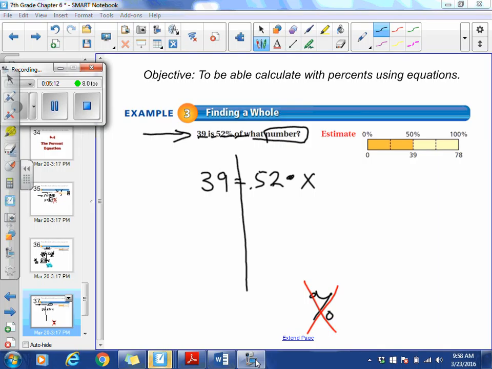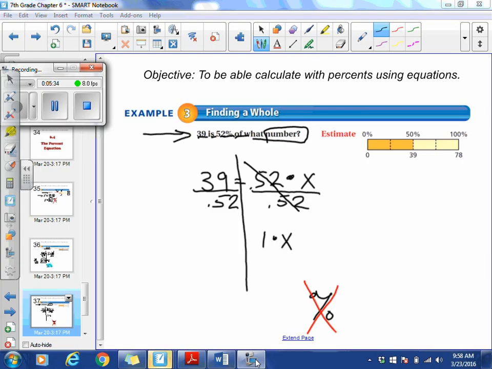All right, so solve the equation, get x alone. Right now, x is not alone. They multiplied by 52 hundredths, so we are going to divide both sides by 52 hundredths. That makes it so that 52 hundredths divided by 52 hundredths is 1. So on this side, I have 1 times x.